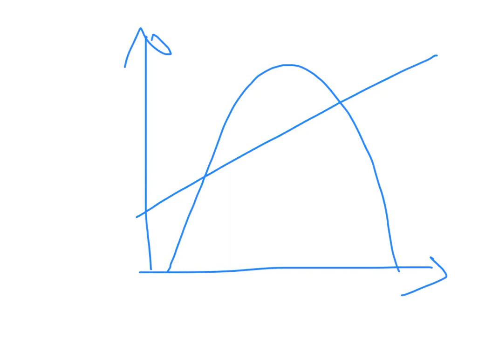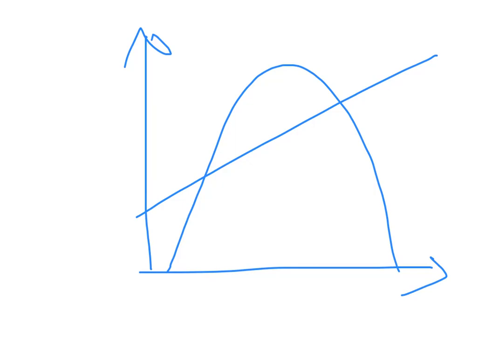Okay, so I'm not going to calculate the exact values because I don't have the graph with graph paper, right? But I will explain how you can calculate those things.